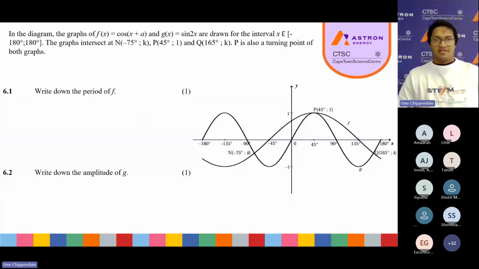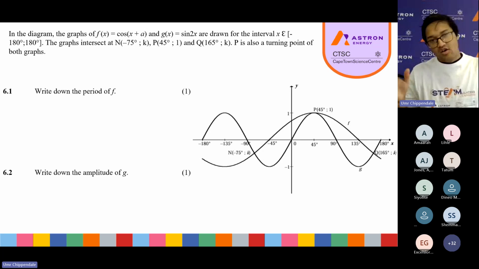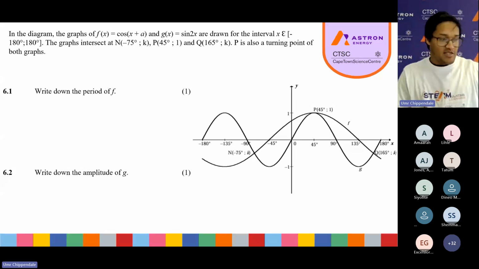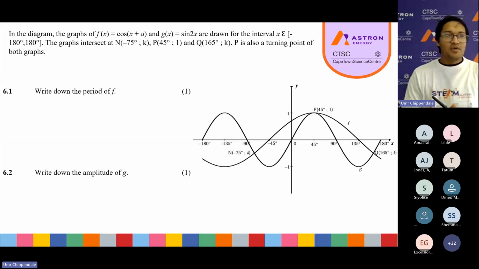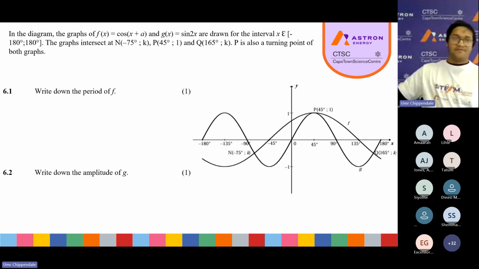Yes, question 6. Now we come to trig graphs, or trigonometric graphs, or trigonometric functions, depending on how sophisticated you want to be. But here we go. In this particular case, it says, in the diagram, the graphs of f of x is equal to cos x plus a and g of x is equal to sine 2x are drawn for the interval x, an element of negative 180 degrees to 180 degrees, also included.